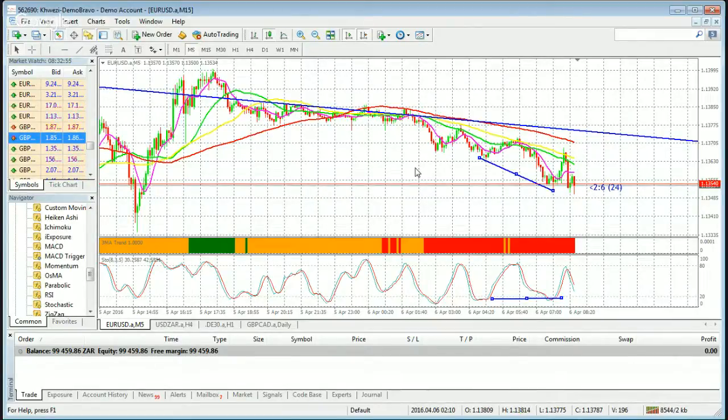We're just going to have to wait and see if there's going to be a new divergence coming up. There is a good possibility happening here. Check. That's down. That's up.